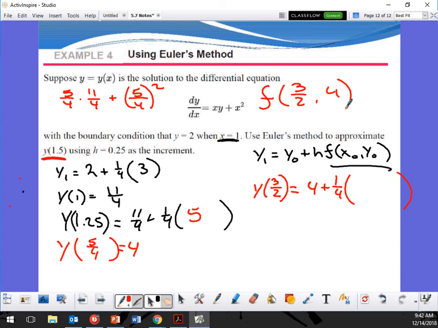There we go. So plug it back in. That's going to be 6 plus 9 over 4. Add that together: 6 times 4 is 24, plus 9 is 33 over 4.